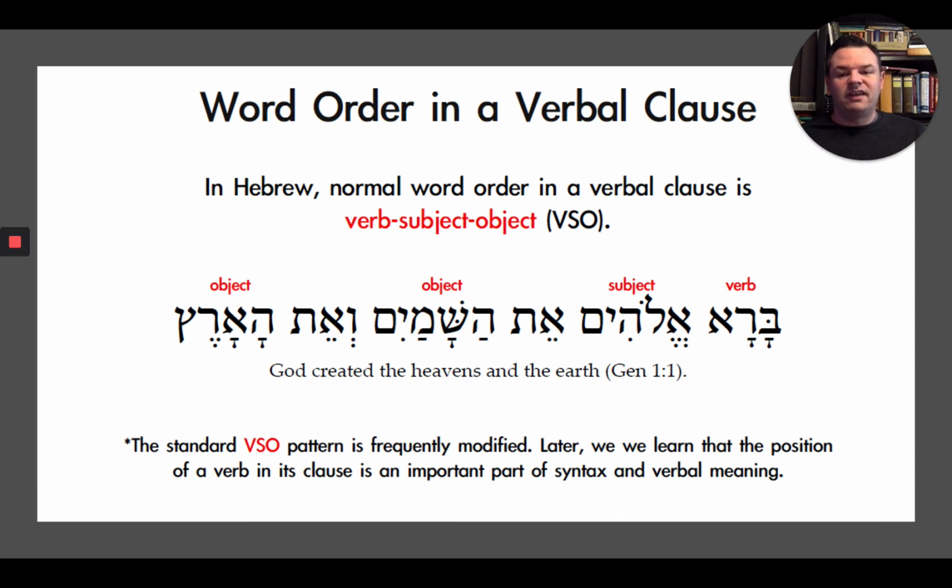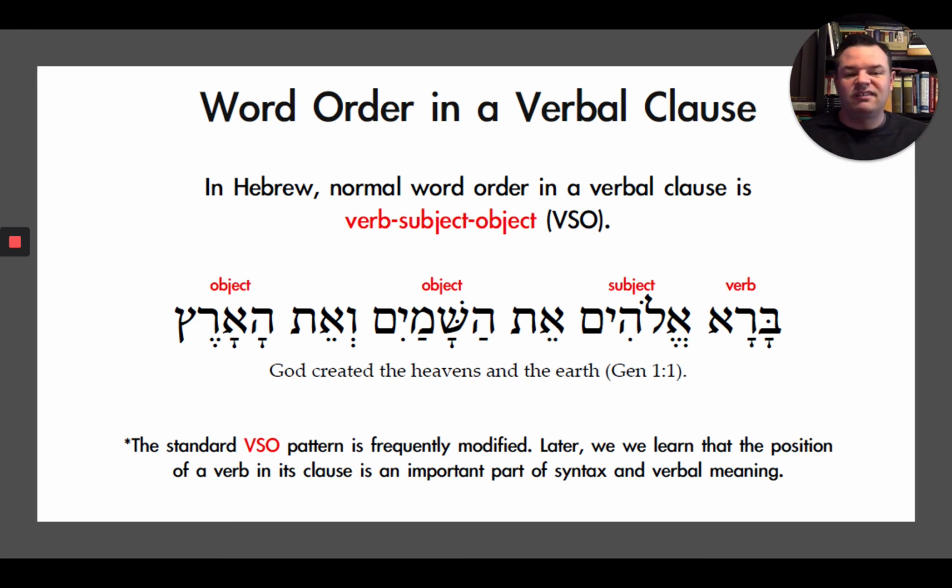Again, you've got the definite article there. Since it's an aleph, it can't double, so you've got lengthening within the vowel, and then the vowel under the aleph is going to match it. Haaretz, which is the earth or the land. So if we were to read this from the beginning of the verse, it's Bereshit bara Elohim et hashamayim wa'et haaretz, which is God created the heavens and the earth.